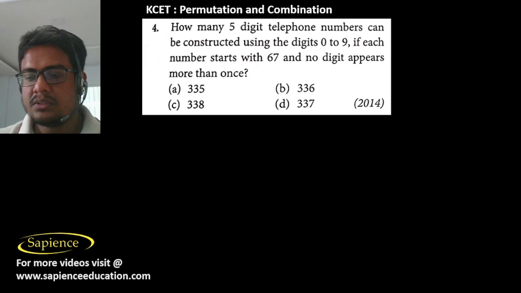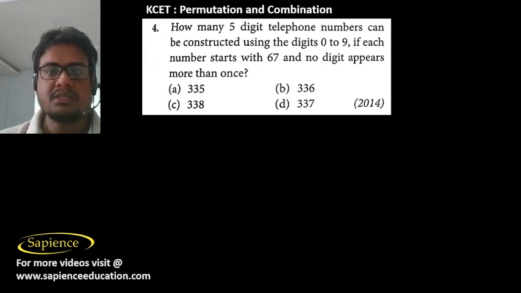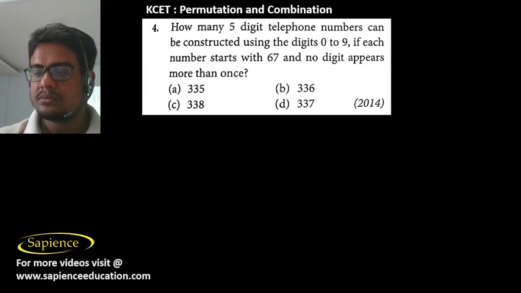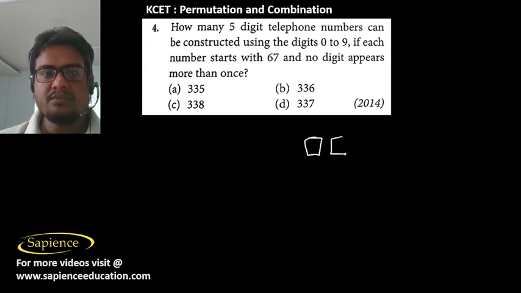Then here it is told: how many 5-digit telephone numbers can be constructed using the digits 0 to 9 if each number starts with 67 and no digit appears more than once. So now it means that every number should start with 67 only, and it should be a 5-digit telephone number.